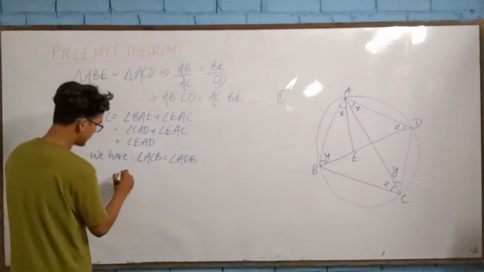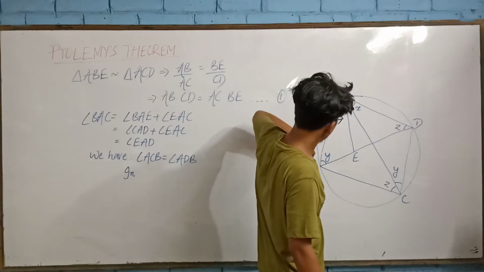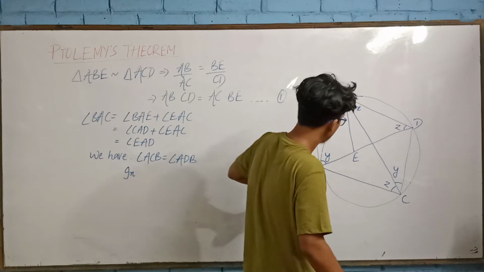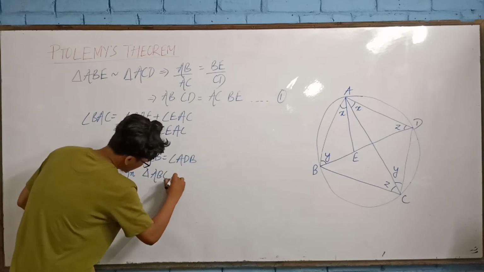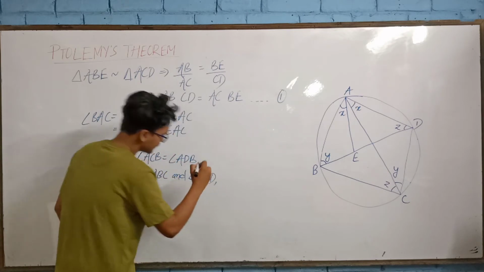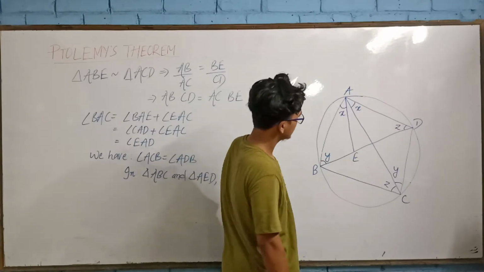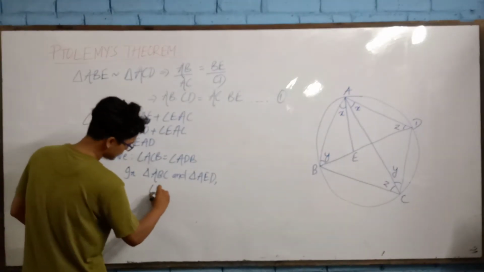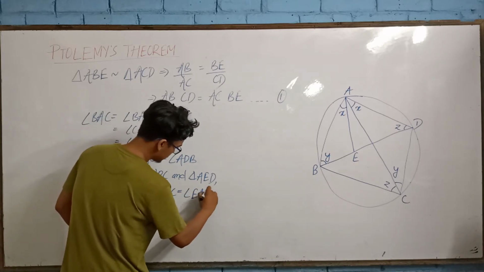Now if you consider these two triangles, triangle ABC and triangle AED: in triangle ABC and triangle AED, angle BAC equals angle DAE, angle BAC equals angle EAD.